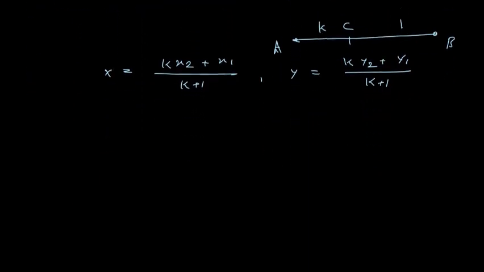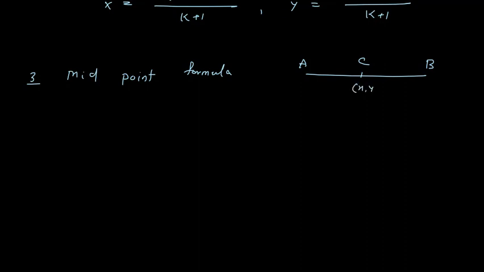And the third formula that we will see is the midpoint formula. Now the midpoint formula is again very simple. Say you have AB and you have C as the midpoint of this AB. So C is the midpoint, and say it has coordinate x, y. A has coordinate say x1, y1.